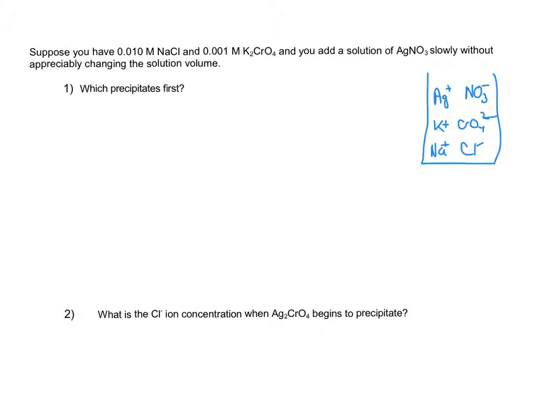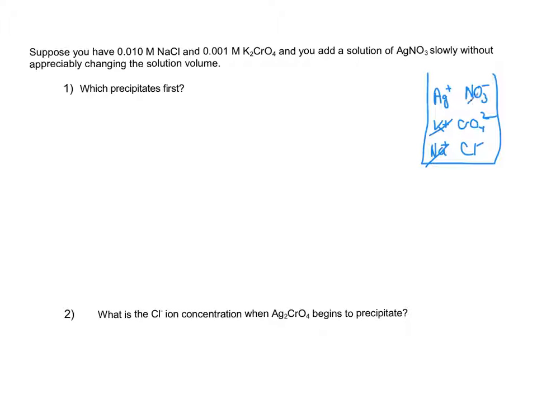Well, let's see. Obviously, whatever the precipitate is, it's something that's positive combined with something that's negative. Anything with Na+, we know for sure is going to dissolve, because any salt with sodium is soluble. Same thing with potassium. Anything with potassium ions is soluble.